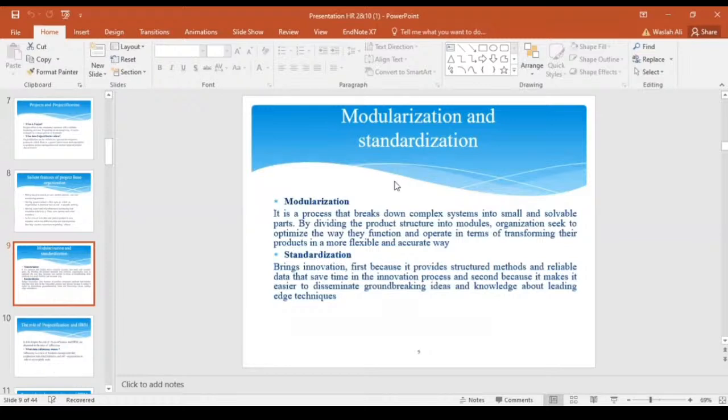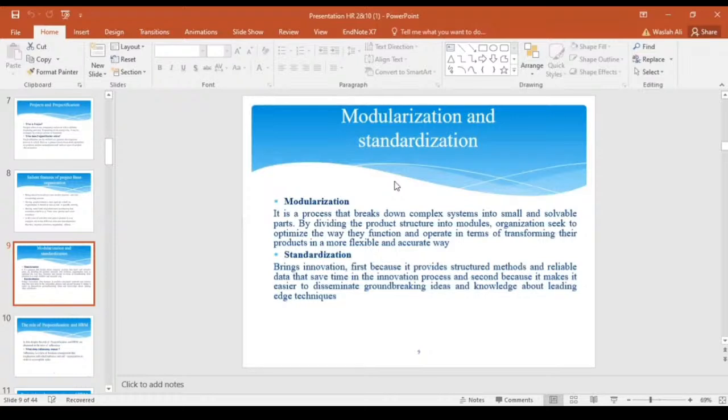So first we need to understand what modularization is and what standardization is, and the difference between modularization and standardization. Modularization breaks the complex problem into small problems individually, and standardization solves the problem according to standards, involving different standards and different parameters.